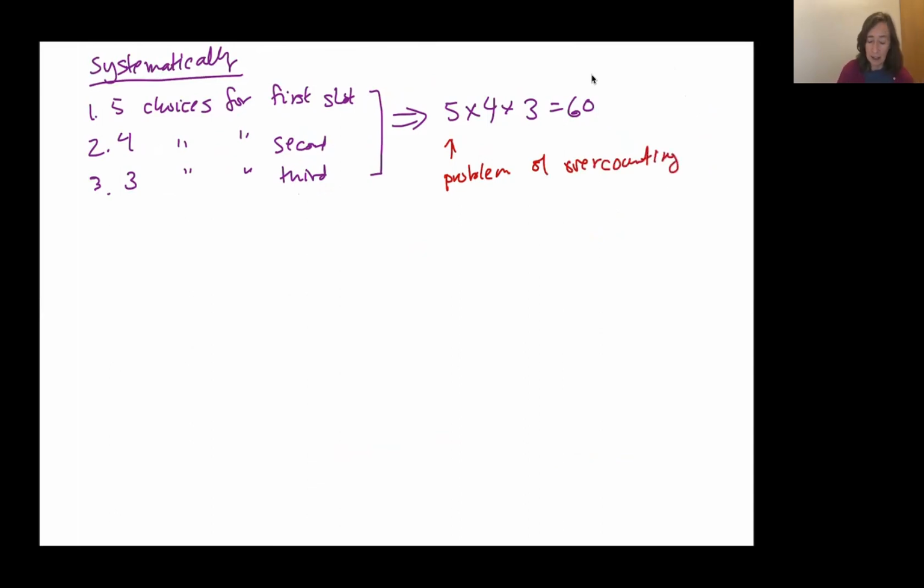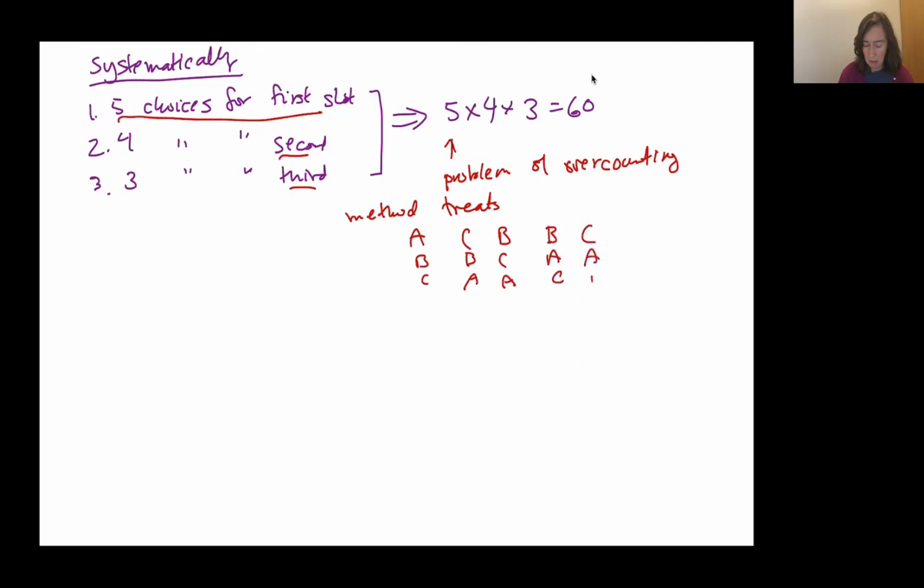Okay, this idea of looking at the different possibilities for first, second, and third, this method treats ABC, CBA, BCA, BAC, CAB, ACB, treats all of those differently.